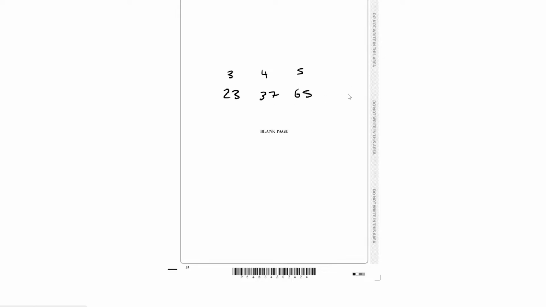This is out of the 240, so you have to divide it. 6 is 93, 7, 121. Just divide all of these by 3. 9, 187.